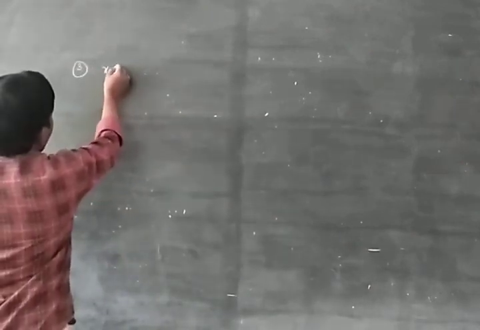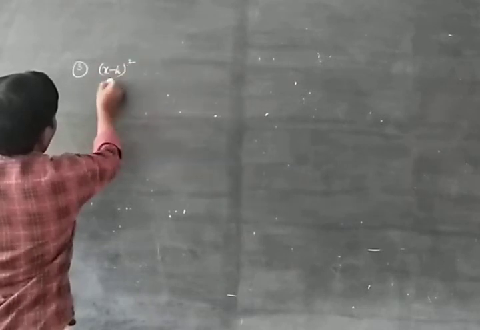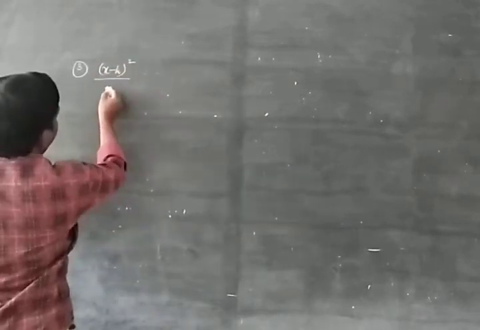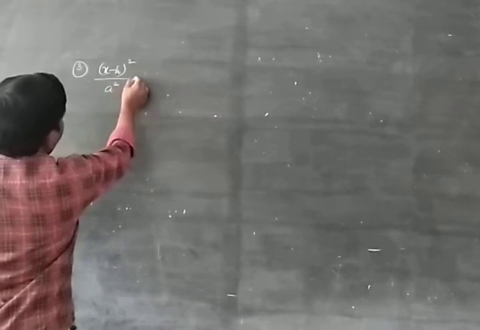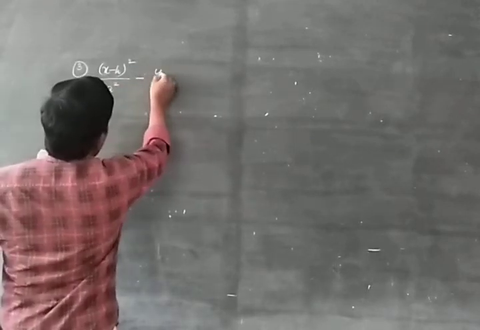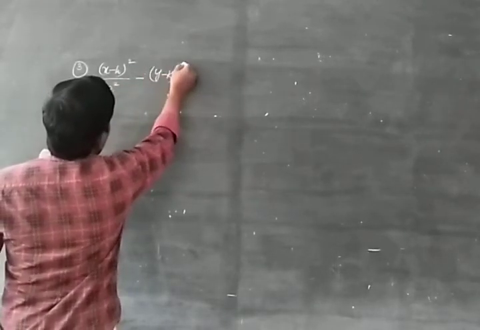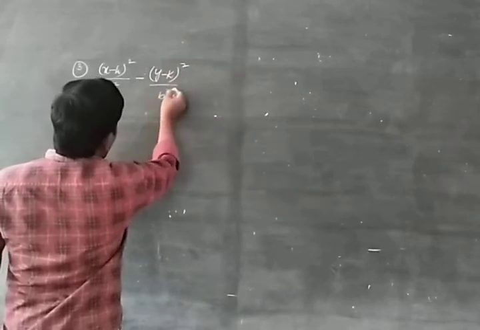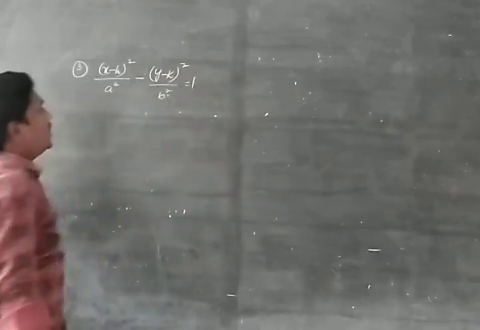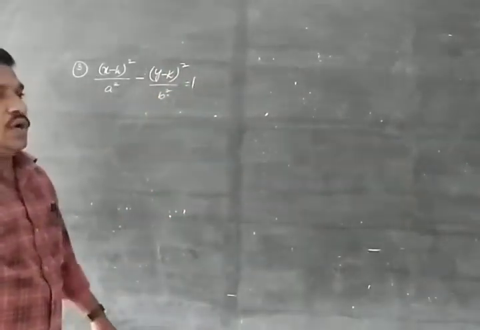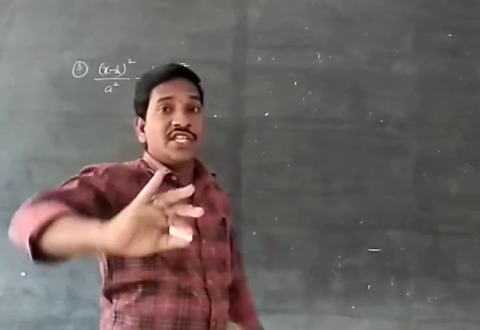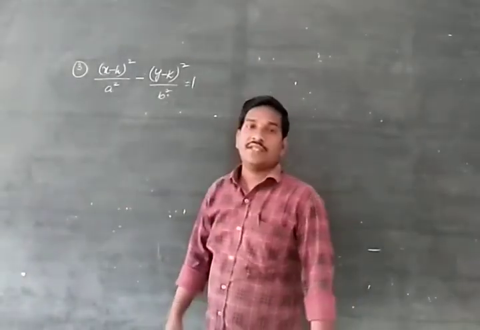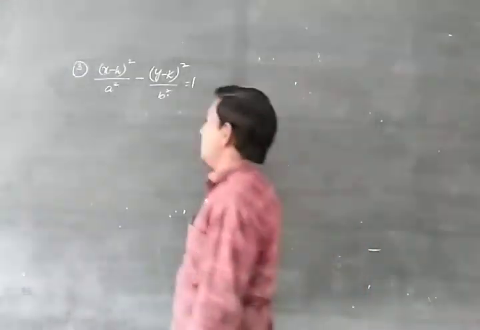The third one, x minus h whole square by a square minus y minus k whole square by b square equal to 1. Here the origin or center is shifted to h comma k.